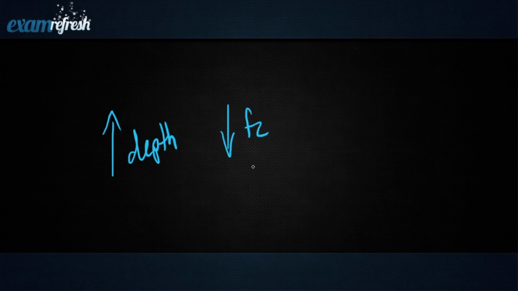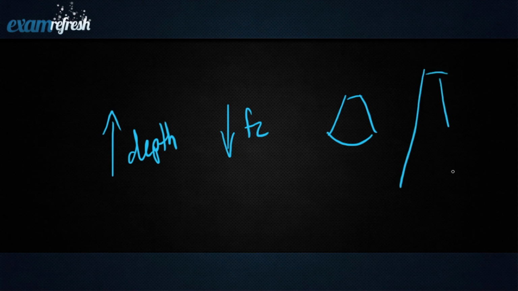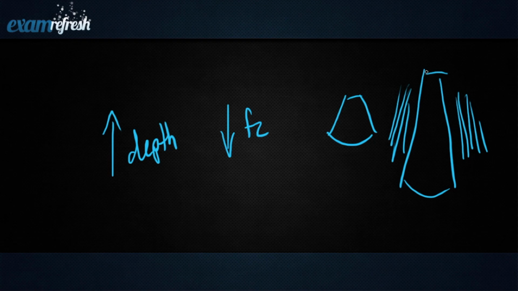If you're imaging 1 structure, put 1 focal zone, maybe 2 if you have to. And then reduce your scan lines, whether it's zooming in to a smaller area, or making your sector narrow, because you'll remove all this extraneous information on the sides. And rather than having 120 pulses, you may only have 50. So that helps as well.